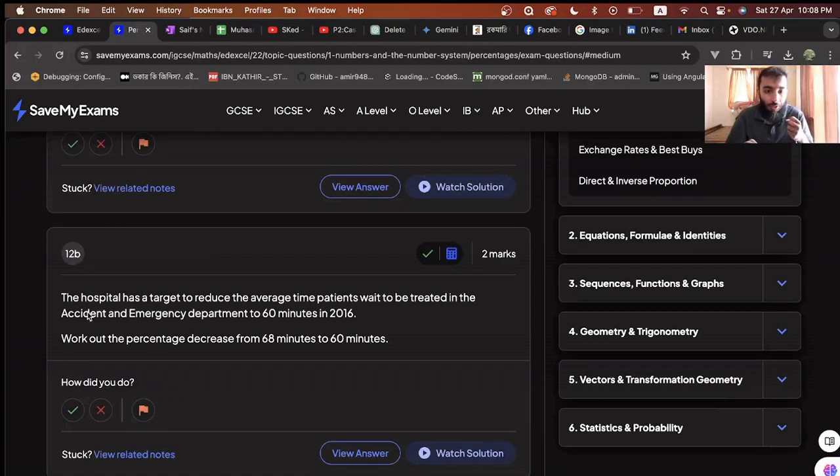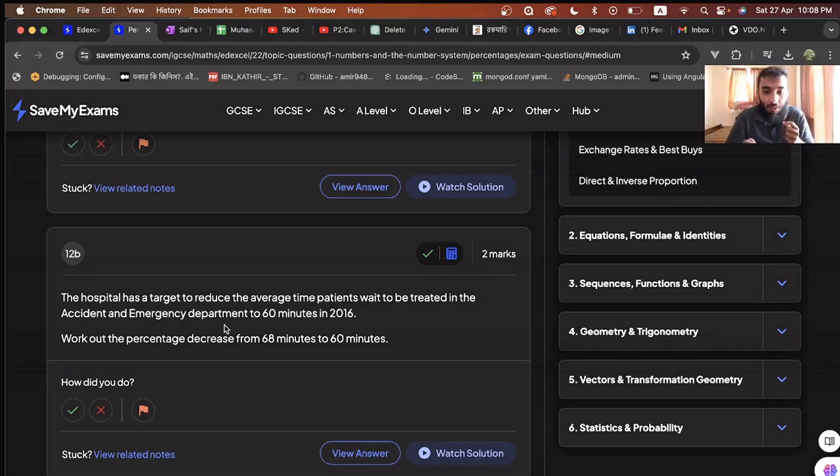Let's read the question. It says the hospital has a target to reduce the average time patients wait in the accident and emergency department to 60 minutes in 2016. In 2015 it was 68 minutes. Now in 2016 they want to reduce from 68 to 60 minutes. So you have to work out the percentage decrease from 68 to 60 minutes.